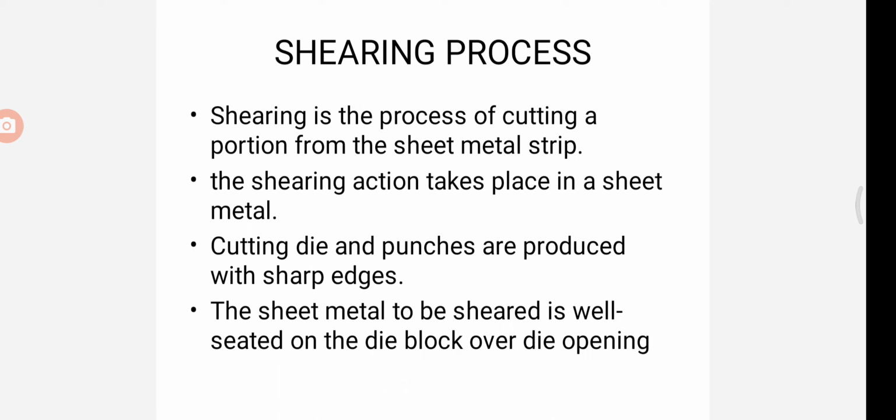When the punch contacts the sheet metal, the cutting pressure will start to build up. During further movement of the punch, the material starts deforming elastically. When the elastic limit of the material is exceeded, the material will undergo plastic deformation and flow into the clearance between the punch and die.